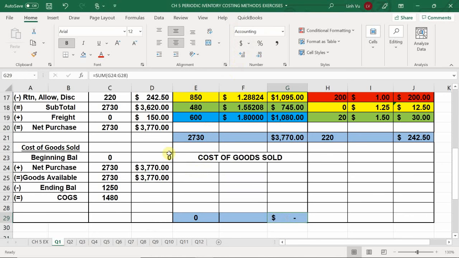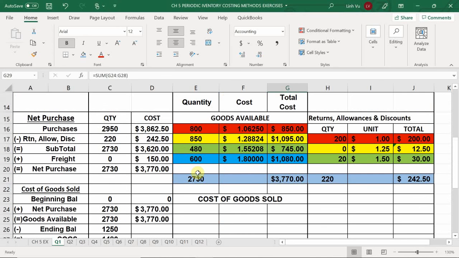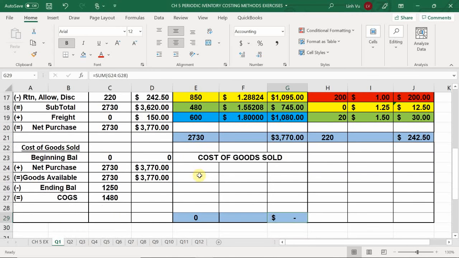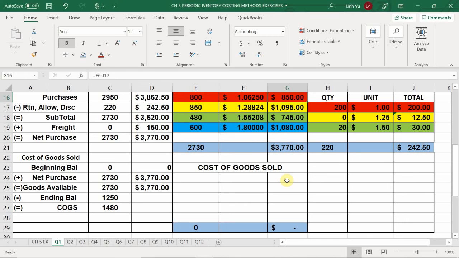All right, so let's follow the rules of FIFO. In this case, I don't need to look at my net purchases or my returns and allowances. I only need to focus right here under my goods available. Starting with the method of FIFO, which batch of inventory am I going to sell first?